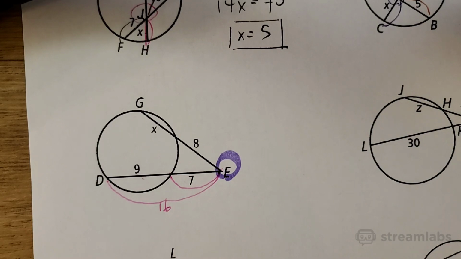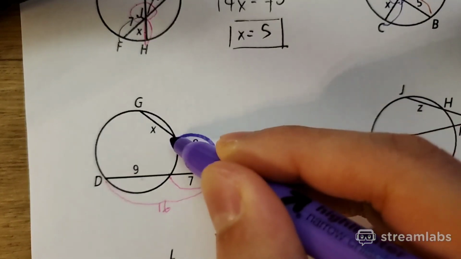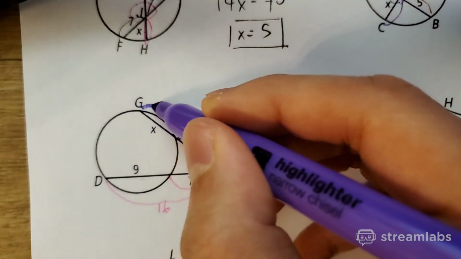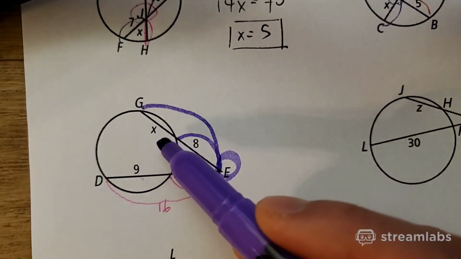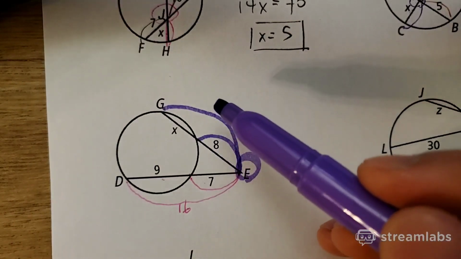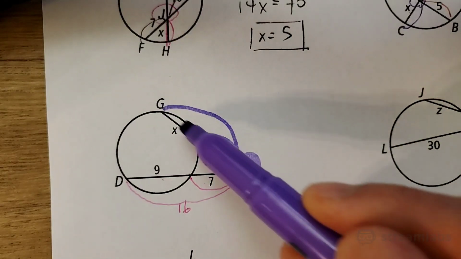Good with that? Then we're going to look at this one. 8 is the first part. What's the whole thing here? How long? Is it just x? From here to here.